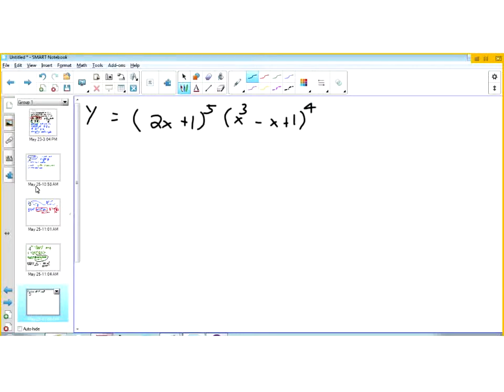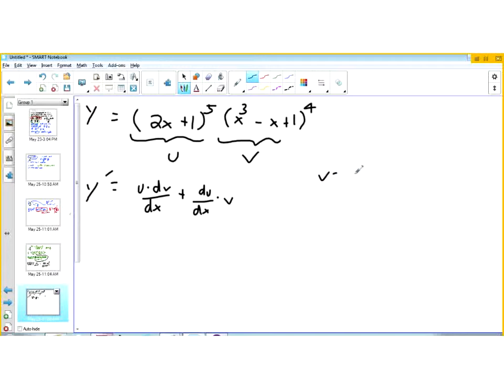In this case, we have a product of two functions. If we call this factor u and this factor v, we'll have to use the product rule for differentiation. So y prime is equal to u times the derivative of v with respect to x plus the derivative of u with respect to x times v. So what is dv over dx?